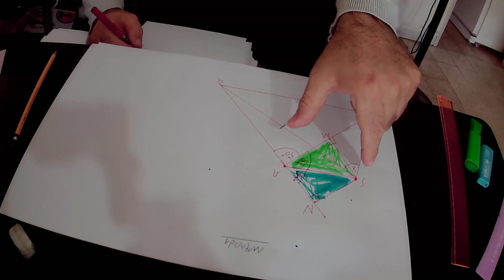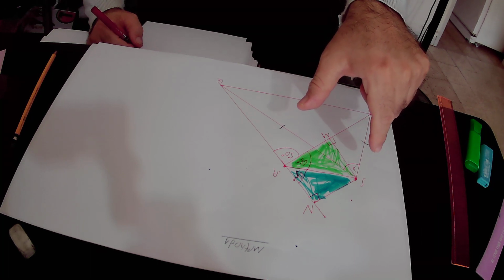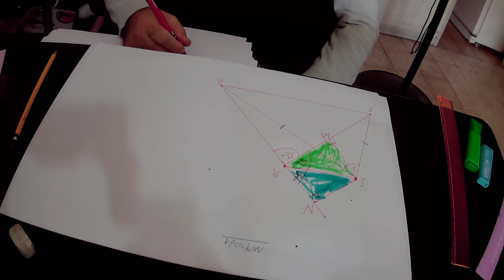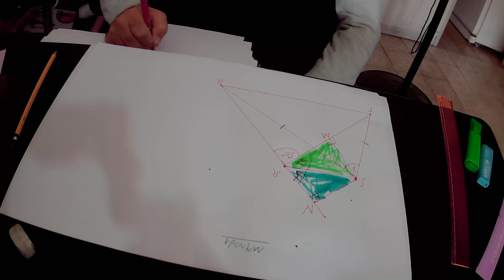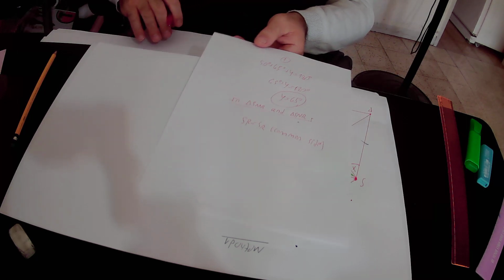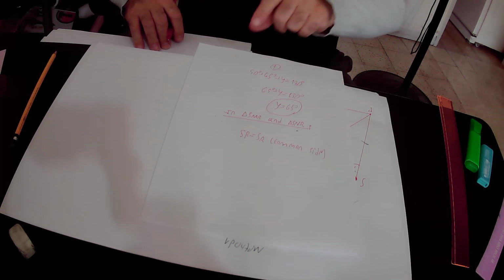SR is a common side. It belongs both to the blue triangle and to the green triangle. So SR equals SR as a common side.